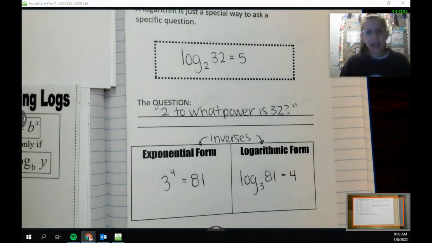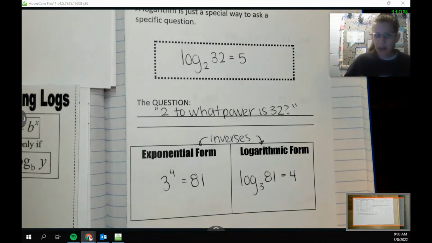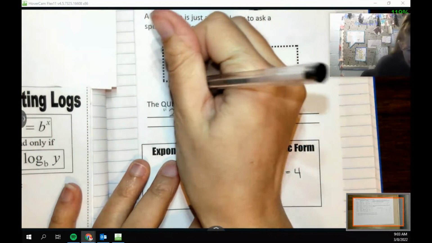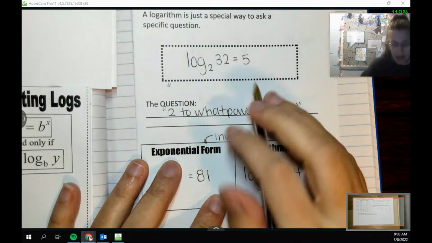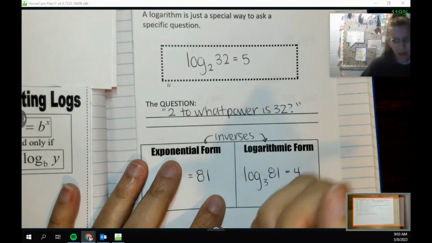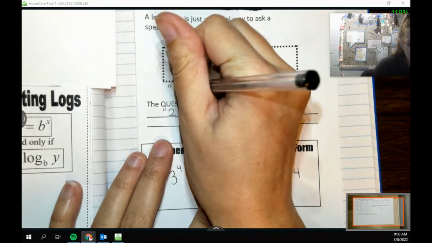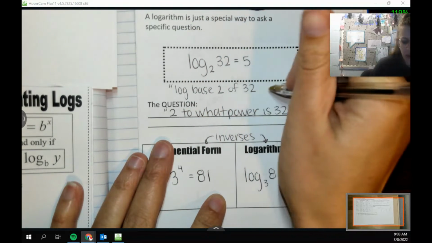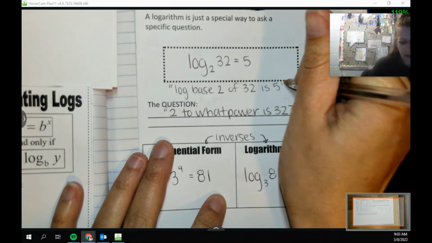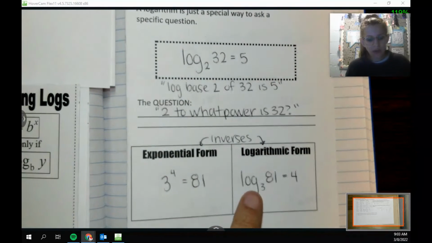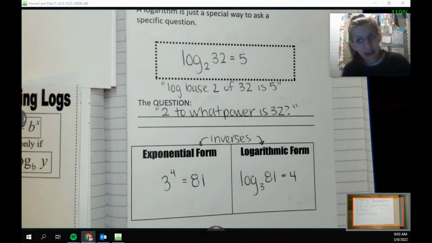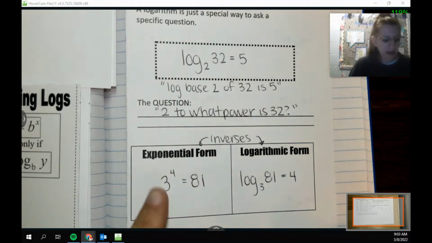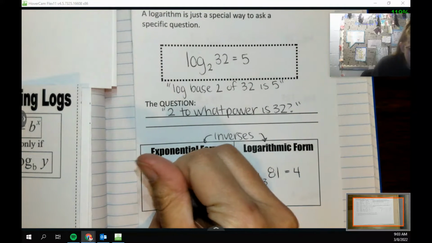And the super nice thing, again, we want to be able to say a logarithm correctly as well. So this is something else I want to add here. The way that I say this, because we want to speak math well, is I would say log base 2 of 32 is 5. That's really nice, because when I'm talking about an exponent, the big number is the base.